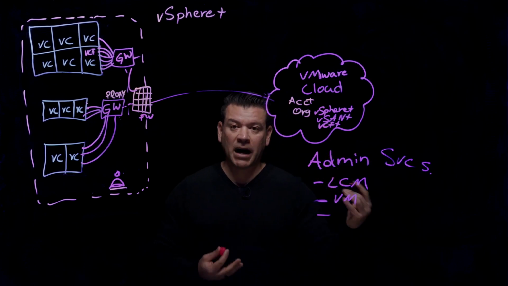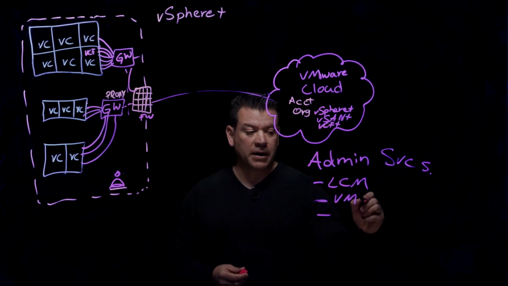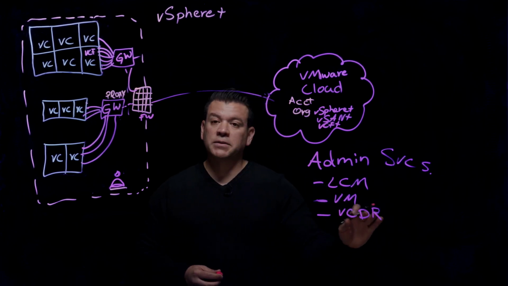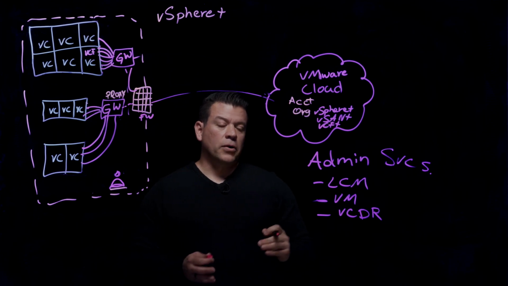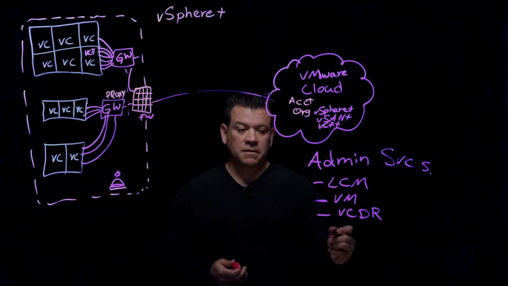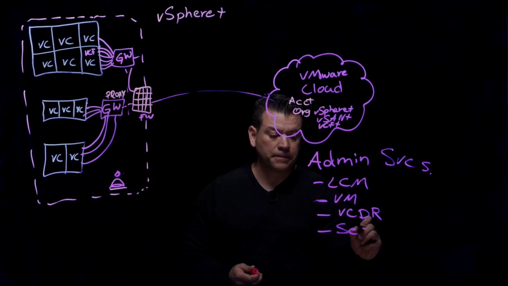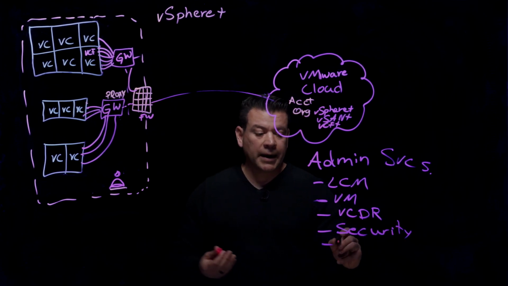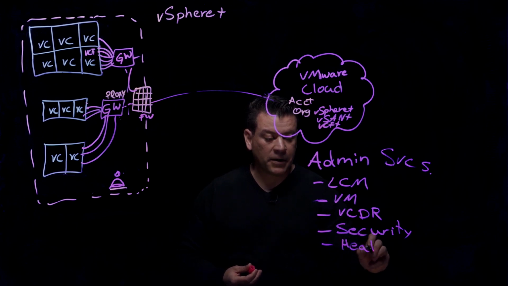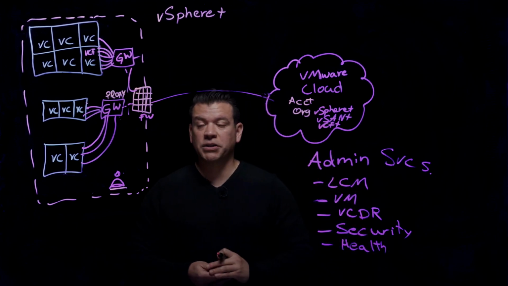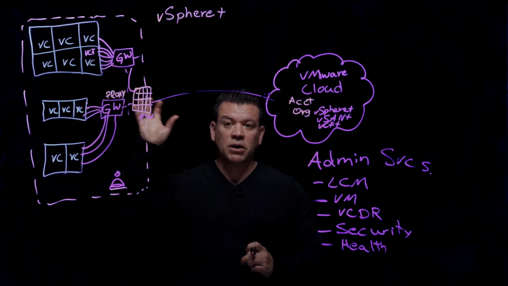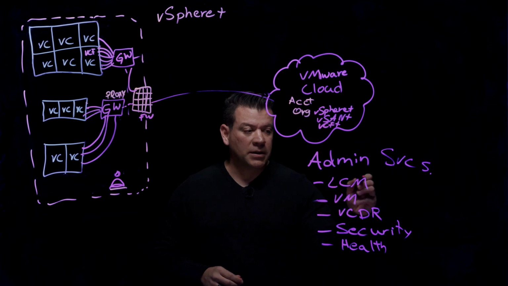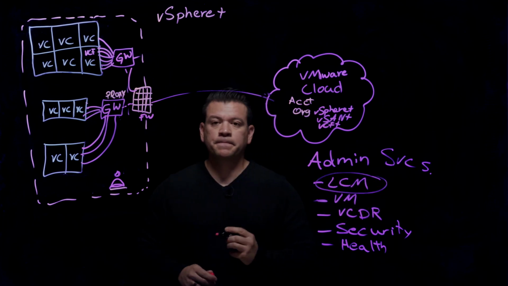Through admin services and add-on services, we can protect those VMs with vCDR as well, VMware Cloud Disaster Recovery. There are many other features for admin services, like having that security posture and being able to see your health for the entire environment in one single location, whether you have 10 vCenters or 10,000 vCenters.